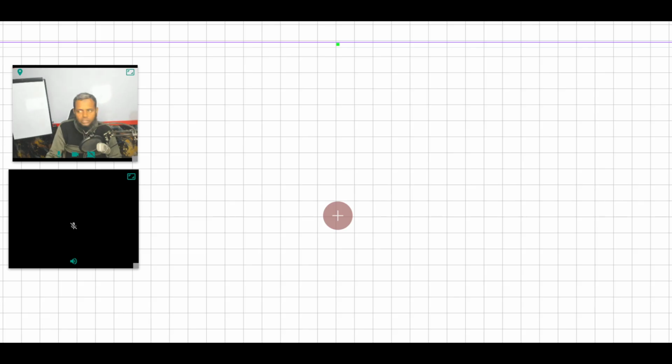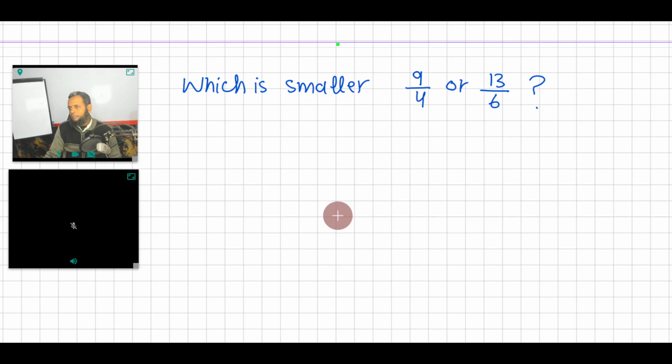Next, you should increase the pen width. Which is smaller, 9 over 4 or 13 over 6? Can you solve it? I like having small pen width, and I'd like to have space.